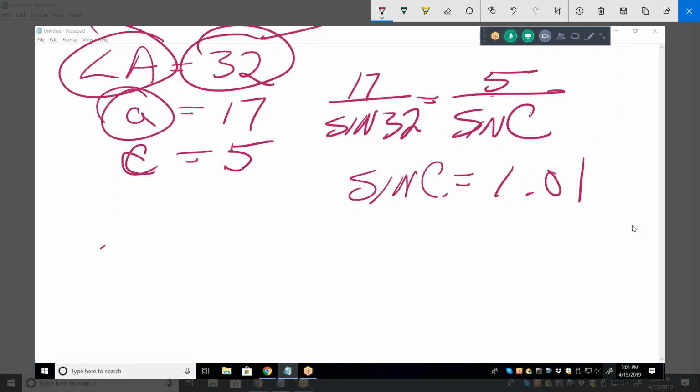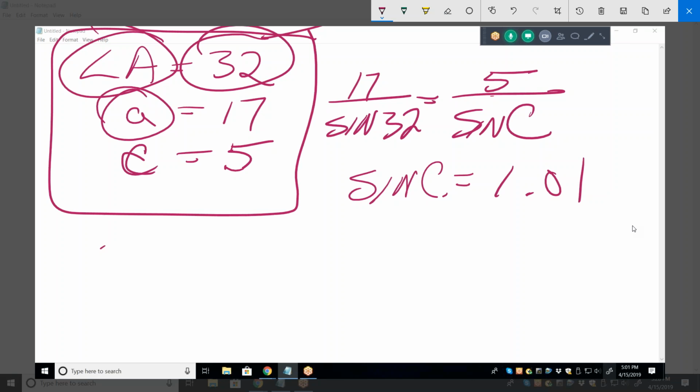There can't be a triangle. There cannot be a triangle with these three measurements. The way you discover that is by trying to solve for it using the law of sines. And the first thing you discover is that the sine of some angle is greater than 1. That's impossible. Sine of an angle can never be greater than 1. Cosine of an angle can never be greater than 1. So when you get greater than 1, you know it's an impossible triangle.